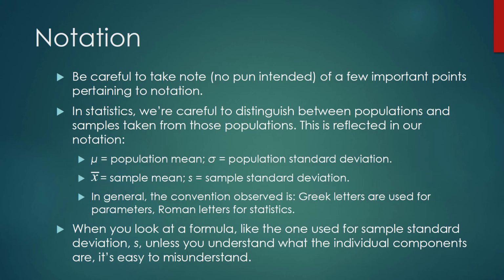So in other words, very same calculation, however, it's designated as a statistic because the origin is a sample. So we use x bar for sample mean, and we use the lowercase s for sample standard deviation, and so on. Those are things you want to have down, because when you look at some formula, like in this section you can find a formula for standard deviation, it looks like gibberish if you don't know what the individual notation letters in the formula represent.